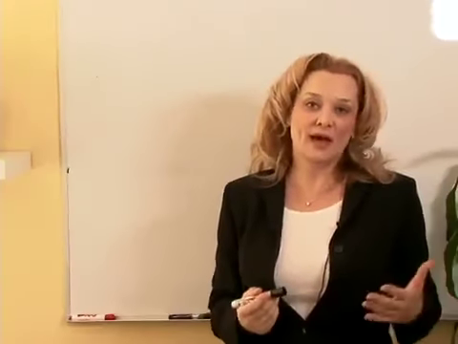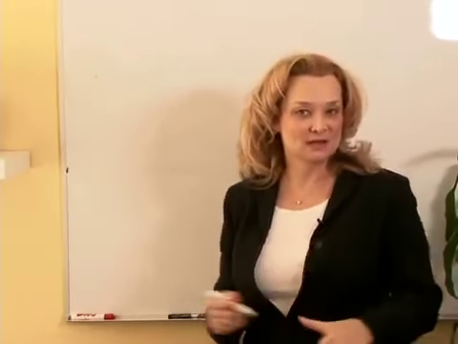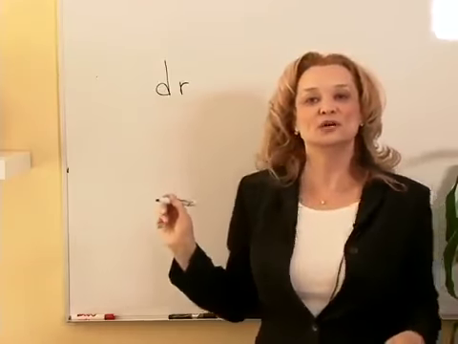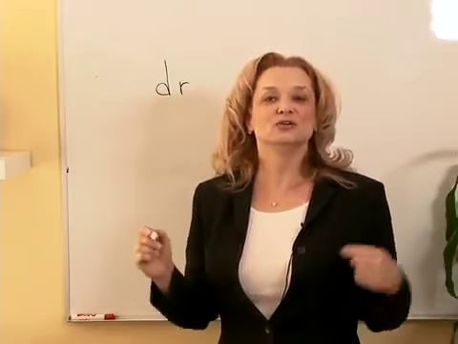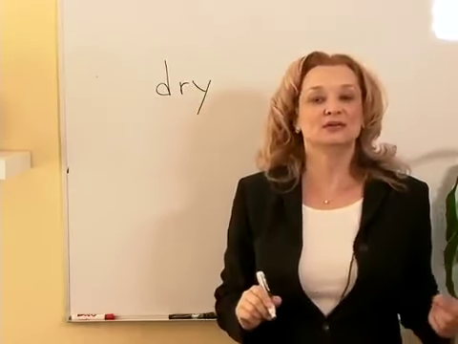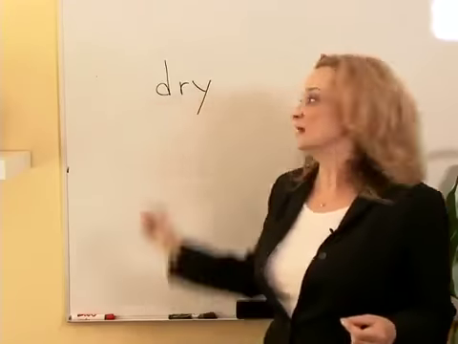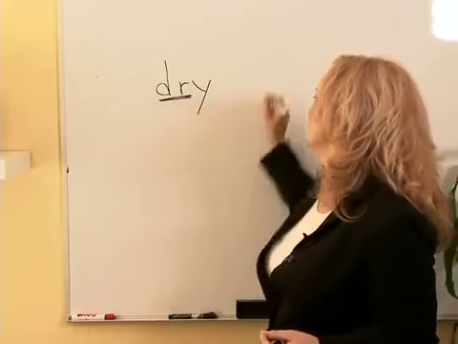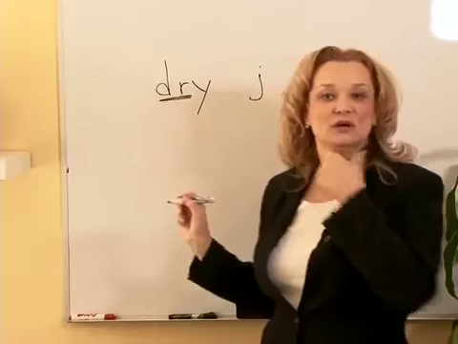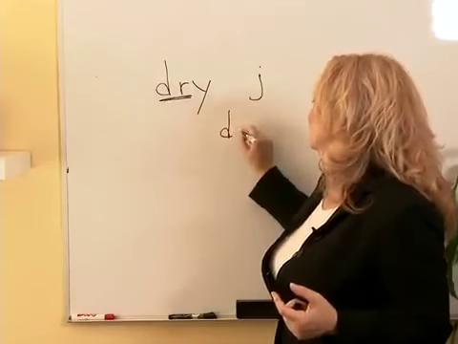The same thing happens when we have a D plus R. DR. We don't say "dry" with a hard D, we say dry. So this DR sort of becomes like the letter J, or the phonetic symbol that looks like this.